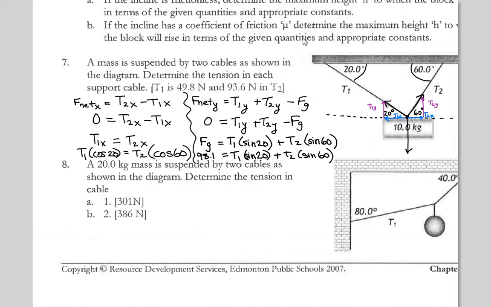Now, as far as solving this system of equations, you do now have all that you need to solve it, and I'm going to leave it as an exercise for you guys. But what do you see? Left side, how many unknowns? And right side, how many unknowns? 2. So what I would do is I would just divide cos 20 on this side, put it over here, cos 60 divided by cos 20 times T2, and then you have an expression for T1.